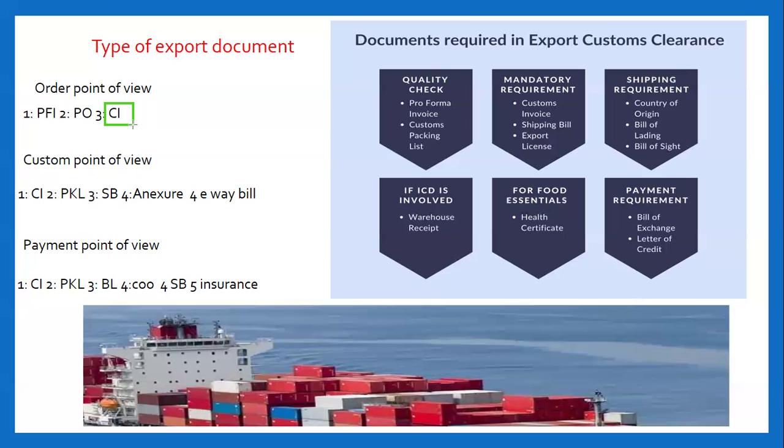What is the difference between the proforma invoice and the purchase order? The proforma invoice is the quote related to the order, in which you share your charges, for example for 50 containers. But after executing the purchase order, shipments can be divided as per the readiness of the goods.